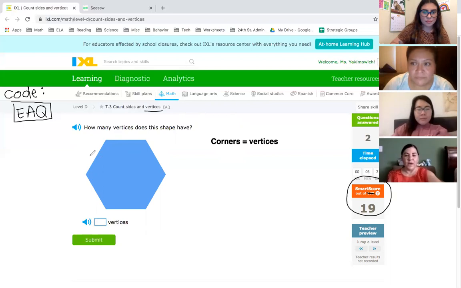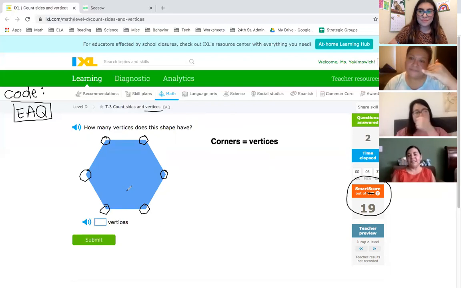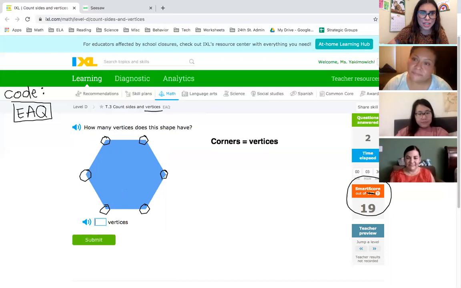So I see 1, 2, 3, 4, 5, and 6. So this shape has 6 vertices. So if this shape has 6 vertices and 6 sides, what shape is it? I believe it's a hexagon. Yes, and that's a new shape, and it's hard to remember, but a hexagon is a shape with 6 sides. So we have 6 vertices here. And let's see what we get.